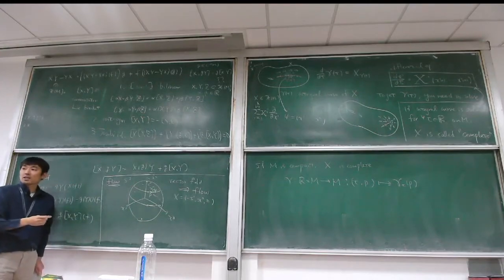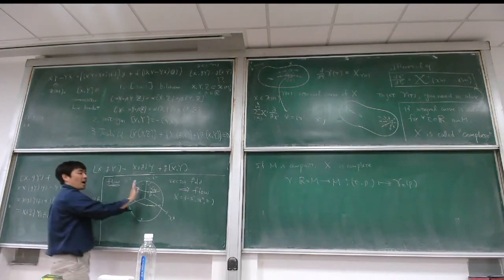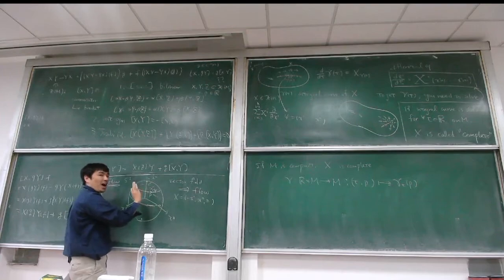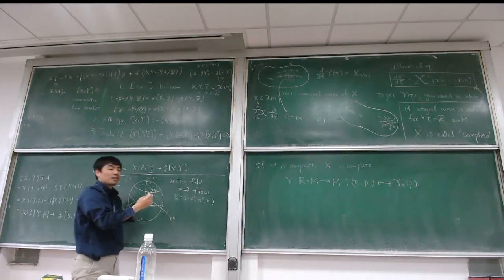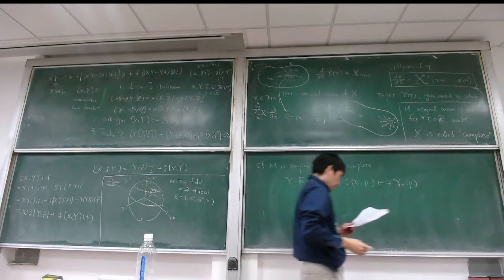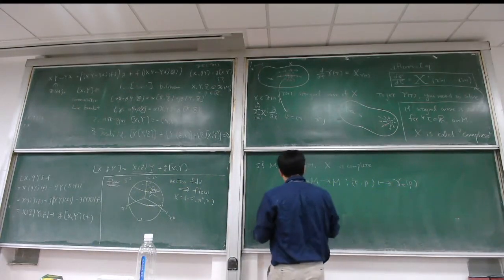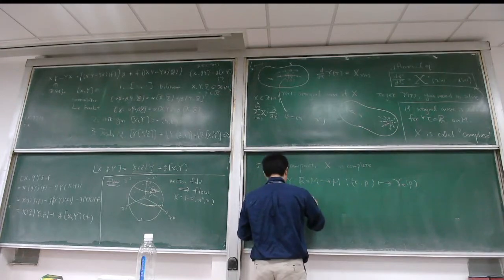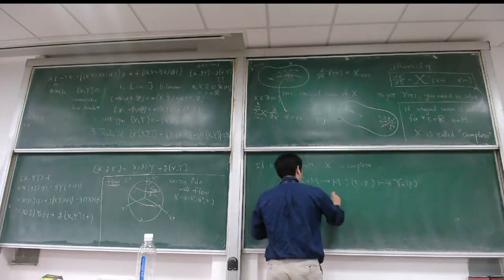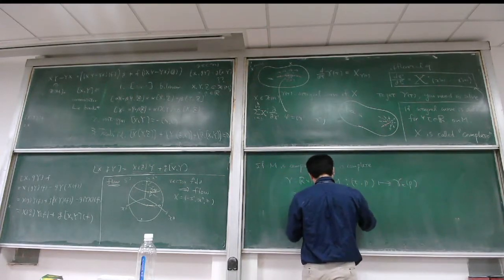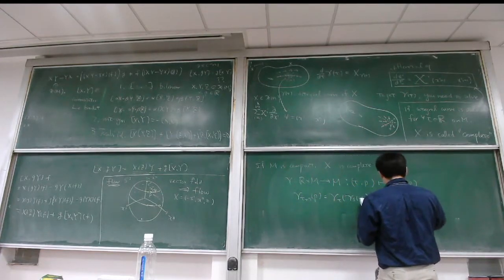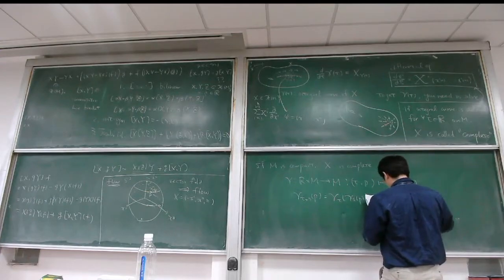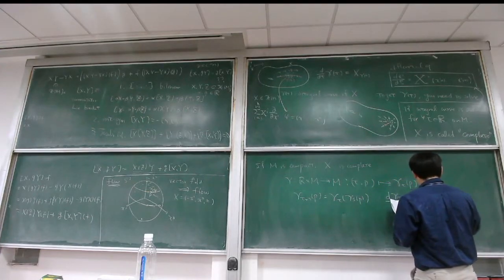Do you understand? t is really how many angles you rotate. Therefore, it satisfies the following: gamma of t plus s of P is gamma t of gamma s of P, and d gamma t of P over dt is X at gamma t of P.